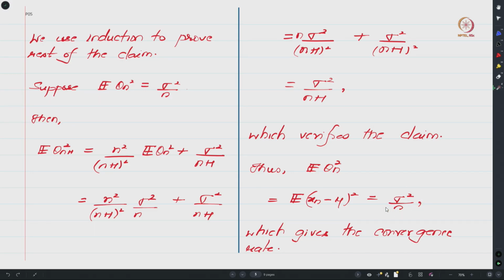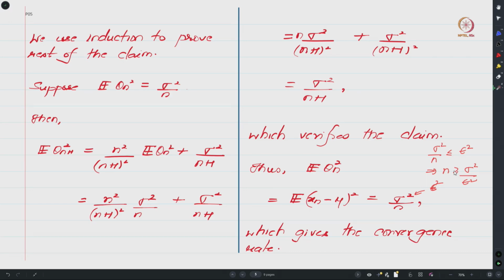So if you want this error to be less than epsilon square, sigma square over n less than or equal to epsilon square implies n should be greater than sigma square over epsilon square, which means that to get an error in your estimate to be less than epsilon square, one would need roughly 1 over epsilon square many samples.